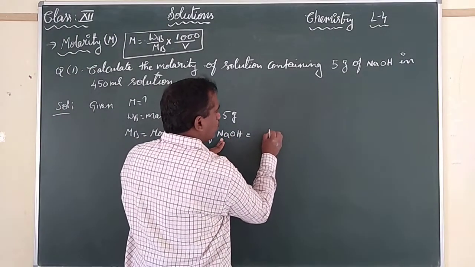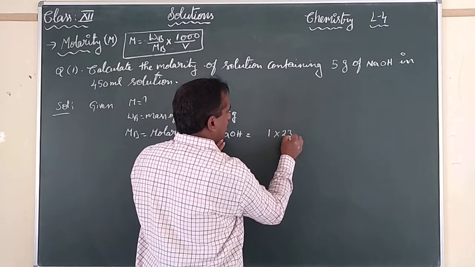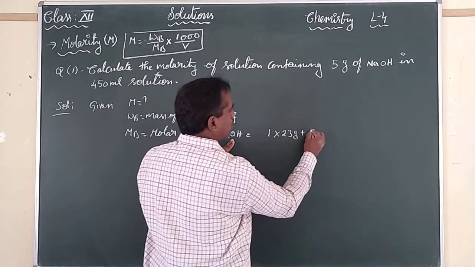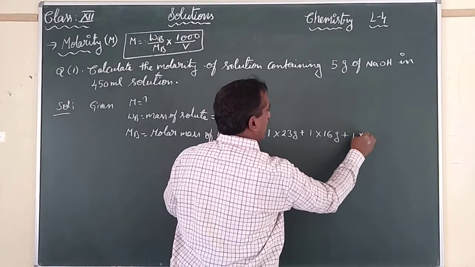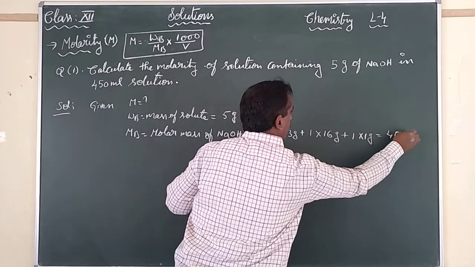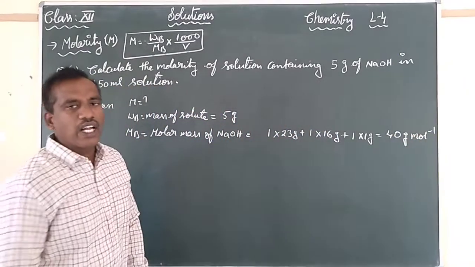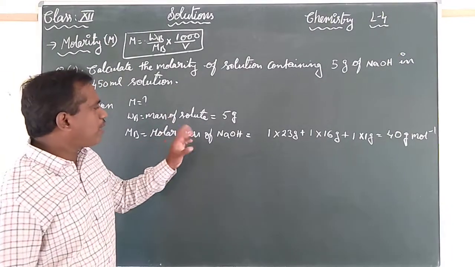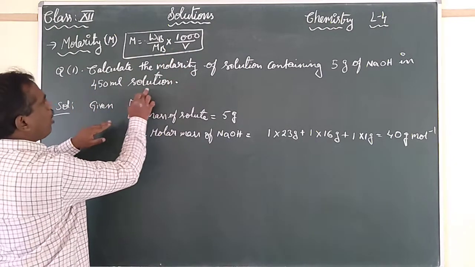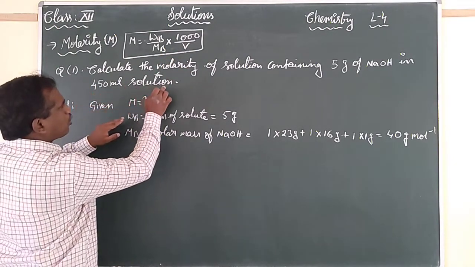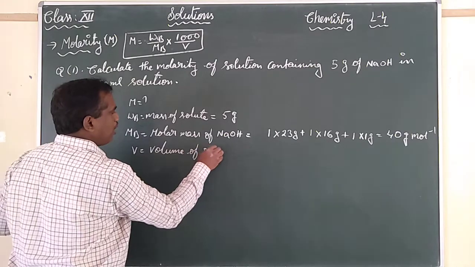One sodium is present, its mass is 23 grams, plus one oxygen, 16 grams, plus one hydrogen, 1 gram. So 40 grams per mole is the molar mass of sodium hydroxide. Next, V, the volume of solution. How much is given?